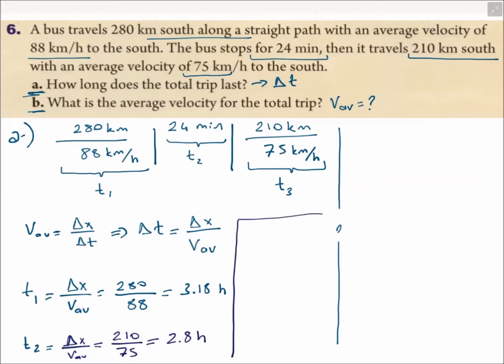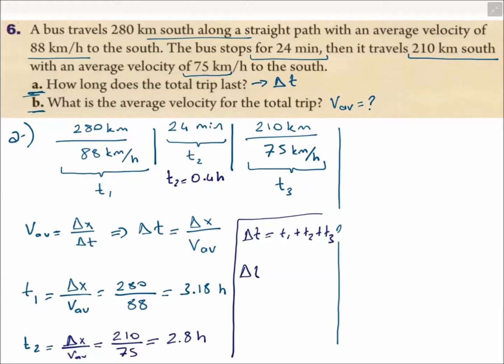Here delta t equals t1 plus t2 plus t3, and the t2 is the 24 minute. 24 minute means 0.4 hour.